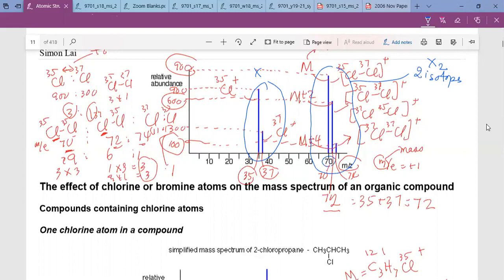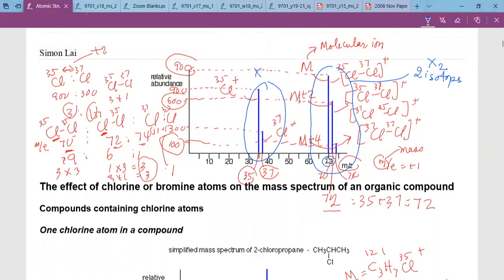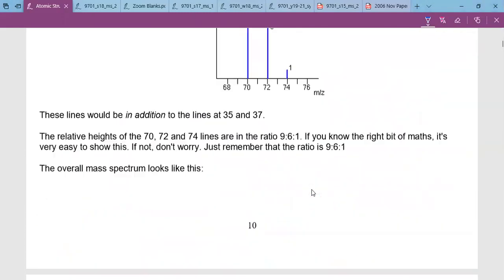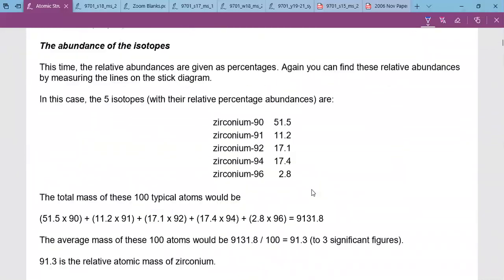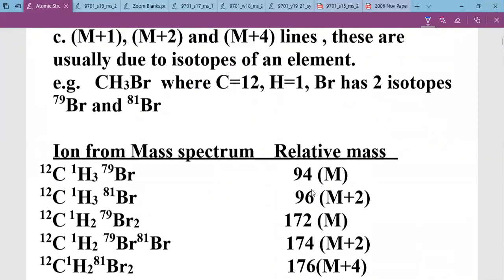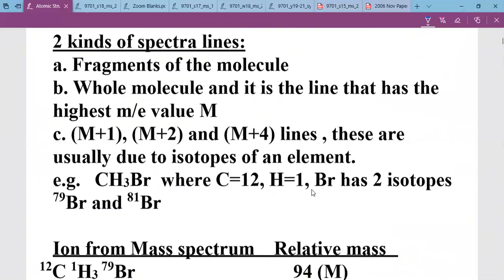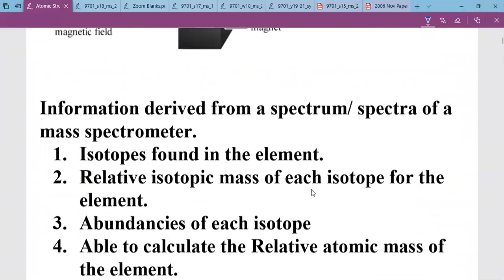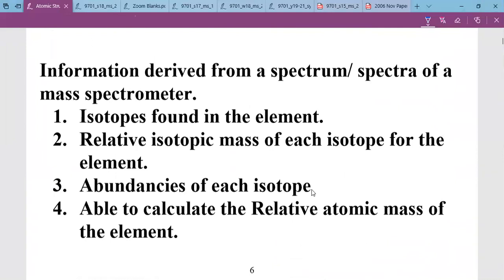Now, the other one, of course, is what things they ask you to get from here. Let me go back to here. I just want to summarize before I give the last part, which is the past year questions. I took a long time. Now, information derived from the spectra or spectrum. These 2 words. The lines here, but this is called a spectra or spectrum.